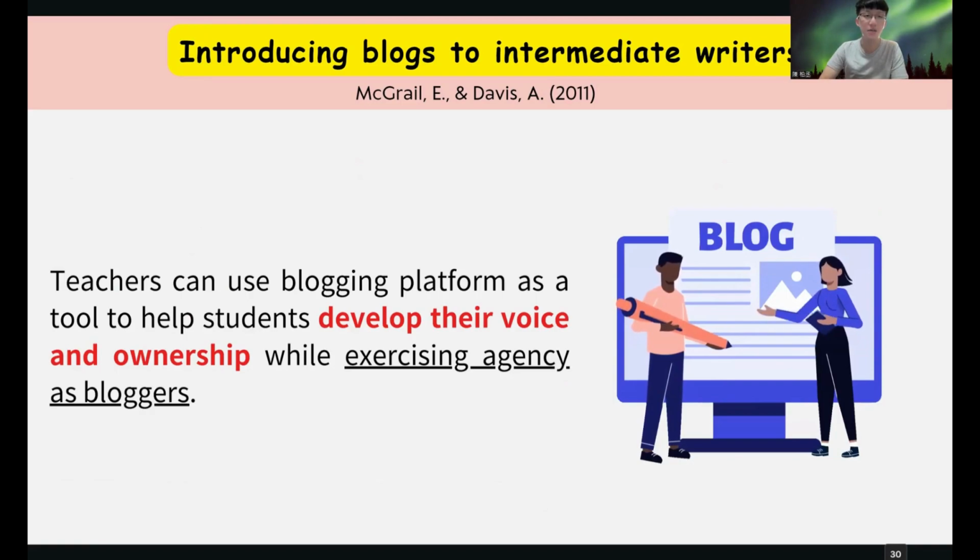So that they can control what they want to include in their blogging activities, and they can take responsibility for their thoughts and work as well as the content in their blog. That's the ownership. And the voice is how they can convey their thoughts in a distinct and personal manner.